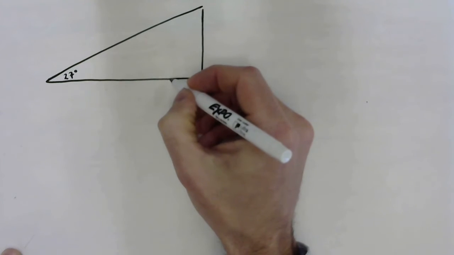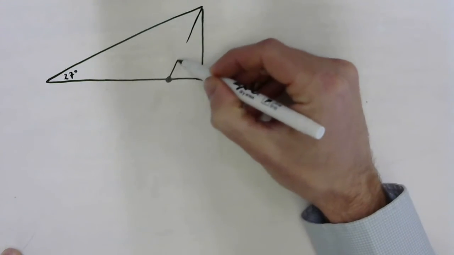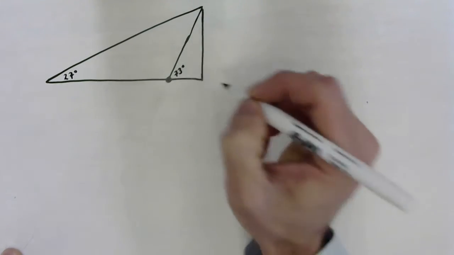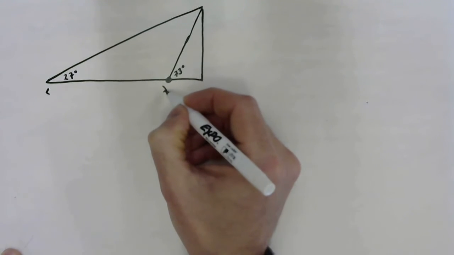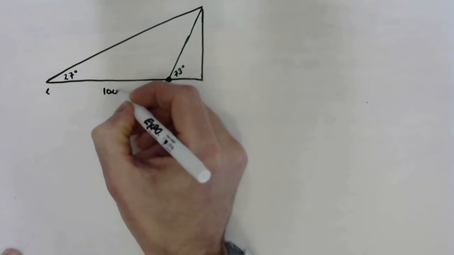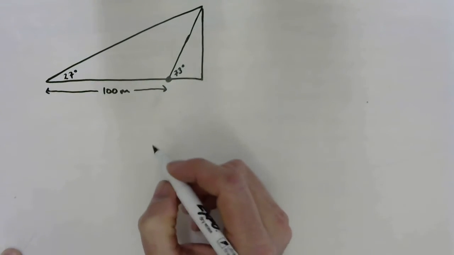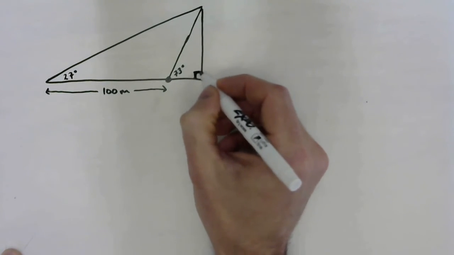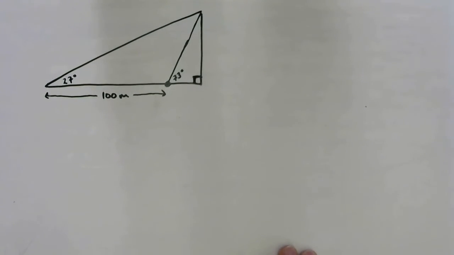Then after 100 meters, let's say there, I'm going to look up and the angle of elevation is going to be 73 degrees. I know that the distance from here to here is 100 meters. And I know this is a right angle. So that's what comes directly from the word problem.